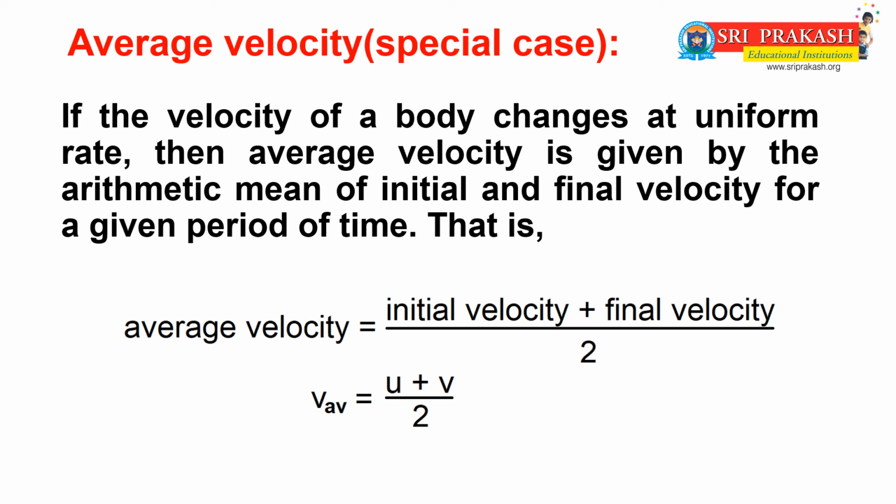So we are going to take the mean of initial and final velocities. It is a special case because you cannot apply this for all cases. Only if there is a uniform change in the velocity, either the velocity increases or decreases uniformly, then we can apply this formula.